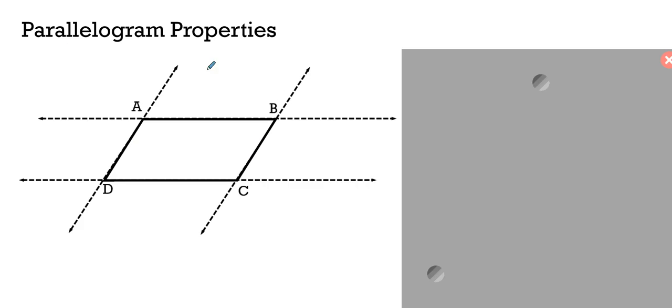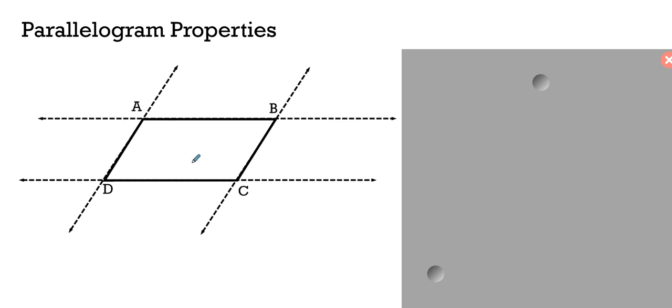Now, this is where I was talking about here. I took that same figure and I just put these auxiliary lines in so you could see that what we have here are parallel lines, and AD is a transversal, right?